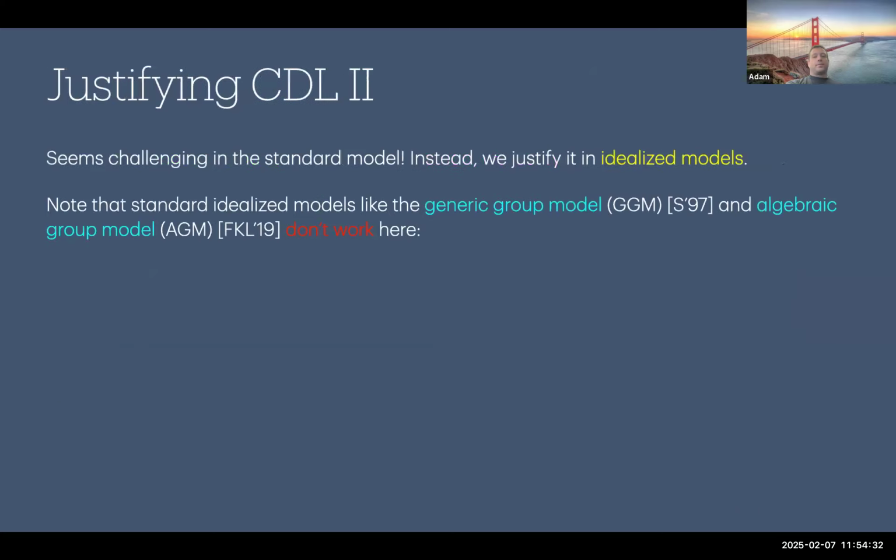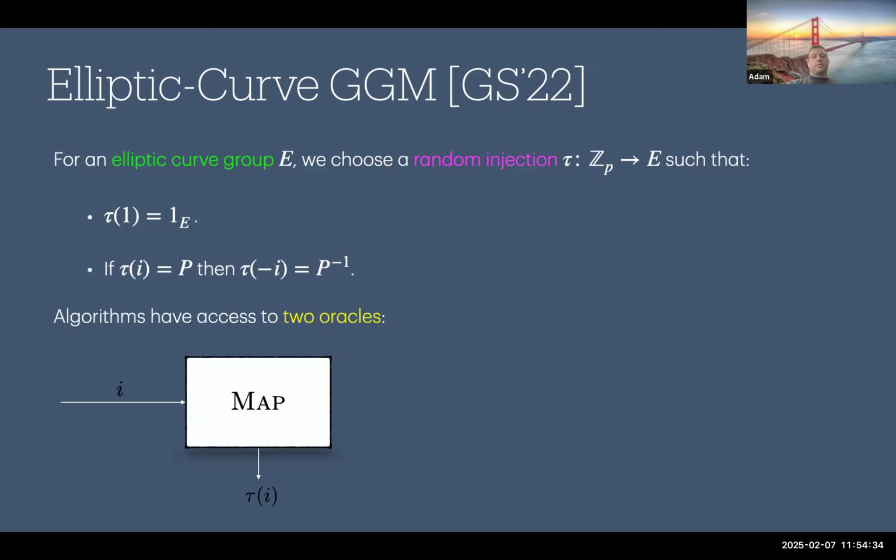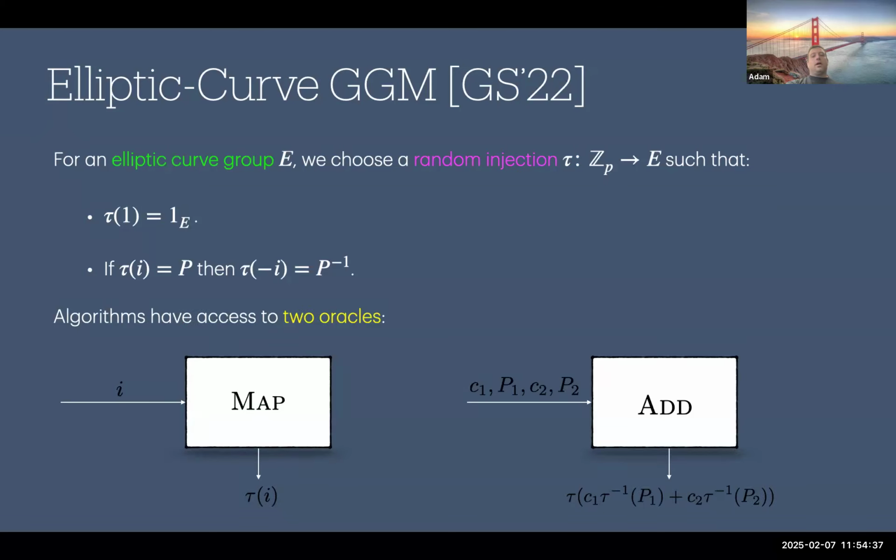The constants C1 and C2 are inputs to the black box: I can give two points, C1 P1 and C2 P2, and I get C1 times P1 plus C2 times P2. So you can exponentiate, but you can't directly apply it, because you don't know the representation.